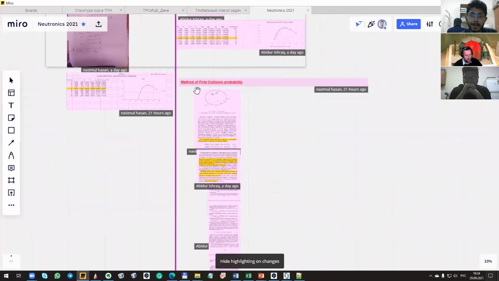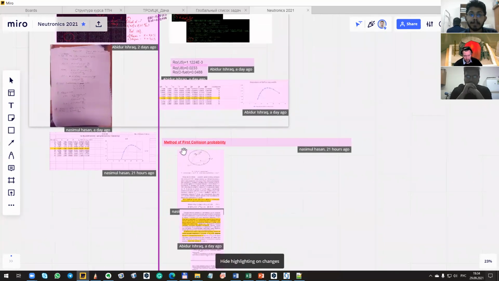Yeah, you get the sum about the method of first collision probability. As I understand, to Miro you can upload the PDF or Word file. I need a space below because I will continue below and below and below.